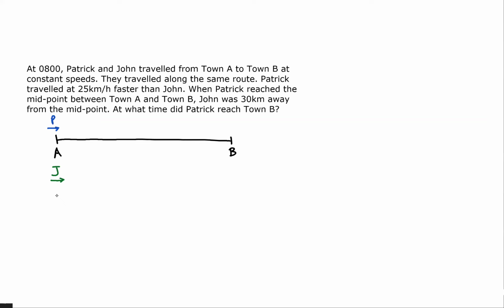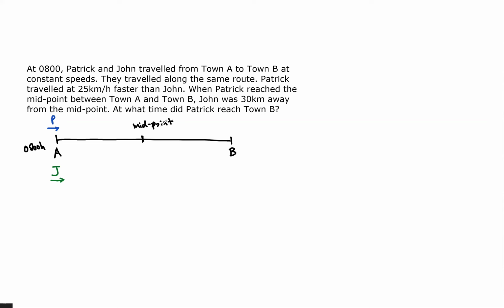All right, and this all happened at 8 a.m. Okay, so there is this midpoint here. Midpoint also means the halfway mark between towns A and B. So let me put the midpoint right here. This will be the middle point.